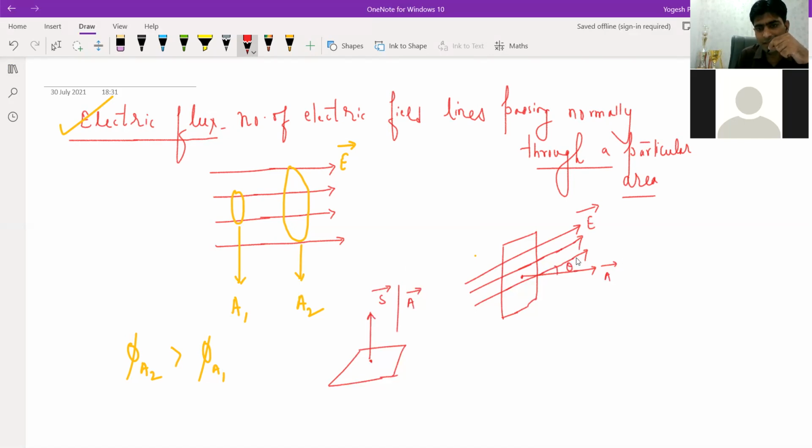So in this case, how will you calculate flux if the electric field is making an angle theta with the area vector?